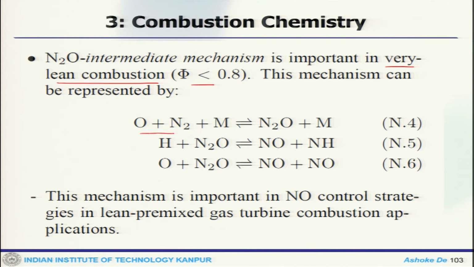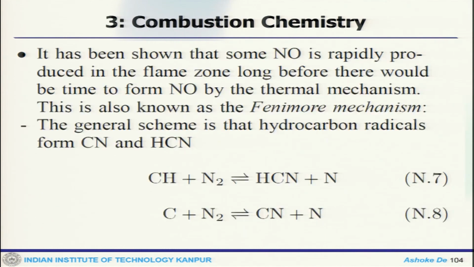You have N2 reacting with O and a third molecule to form N2O, then N2O reacts with H to form NO, finally NO. So, this mechanism is also important in NO control strategies in lean premixed gas turbine combustion, because one would like to avoid this N2O intermediate mechanism.